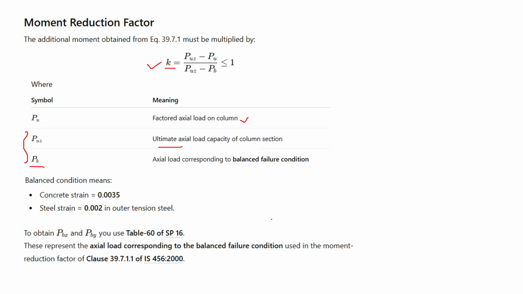Okay, so here PUZ and PB are to be found out using the code SP-16.